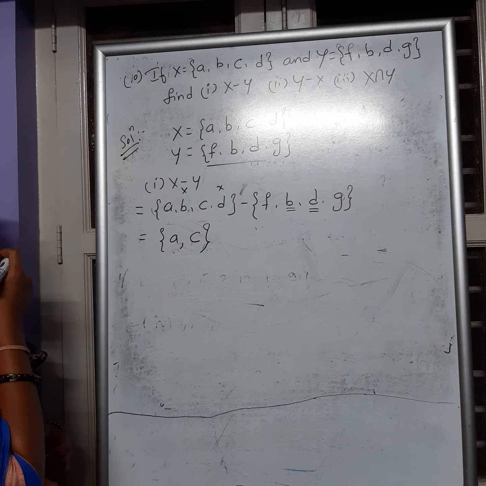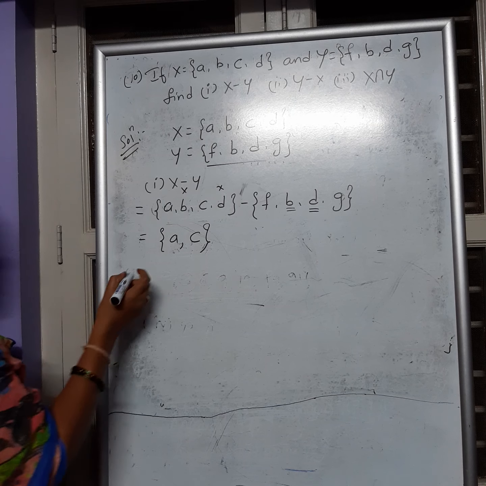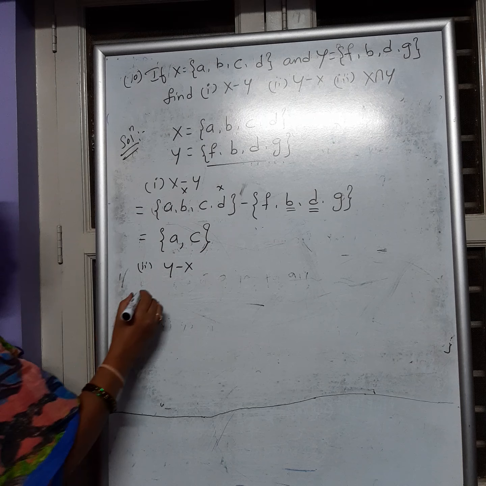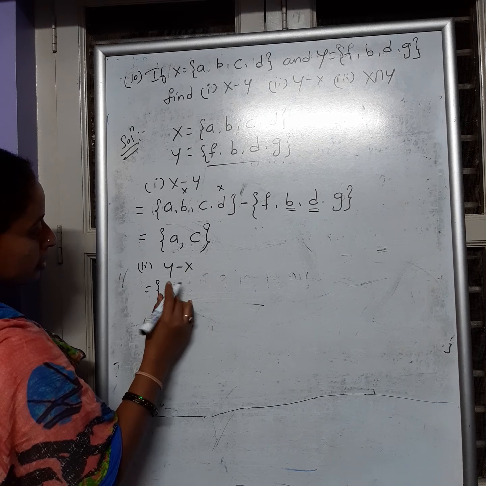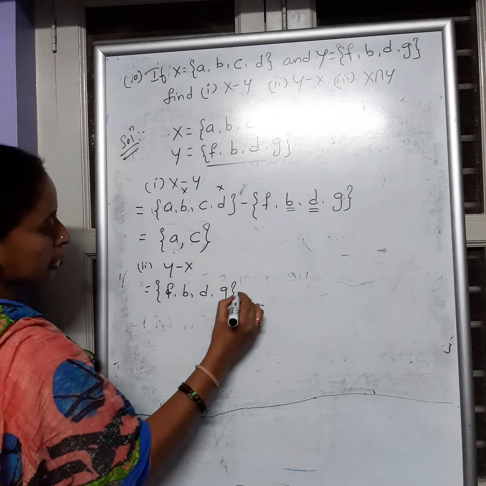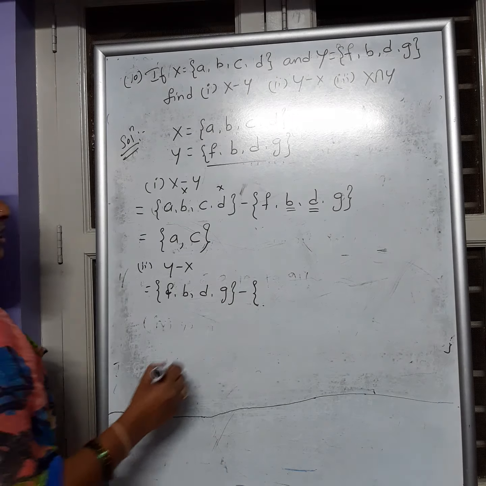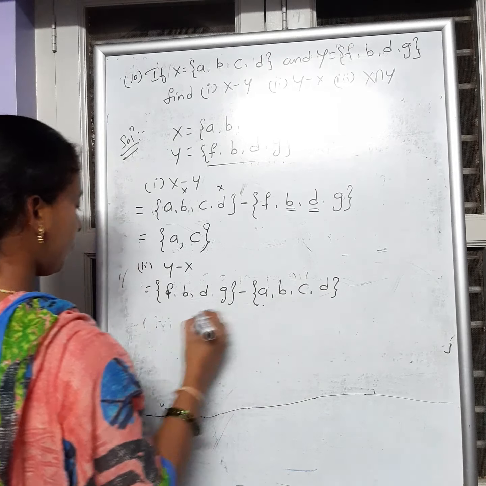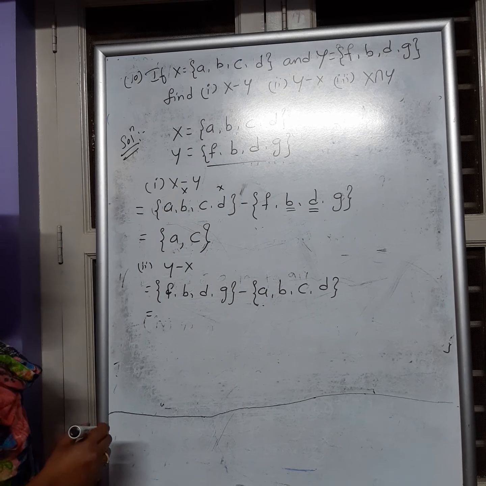Next, second one, y minus x. Take the y elements. What's that? F, B, D, G minus the x elements A, B, C, D. Now take the difference of these two.